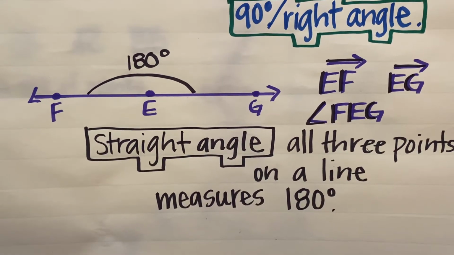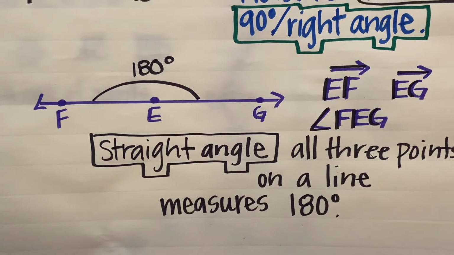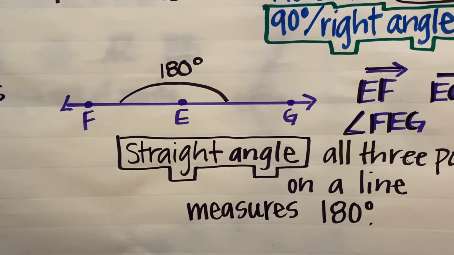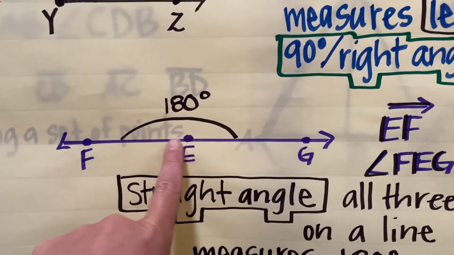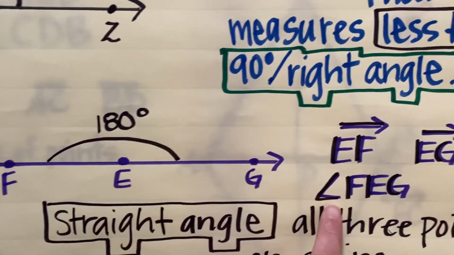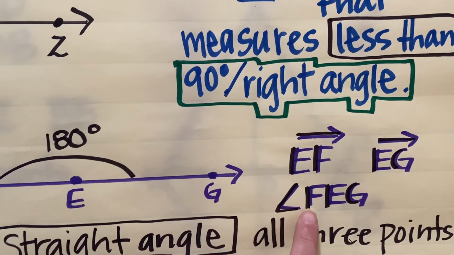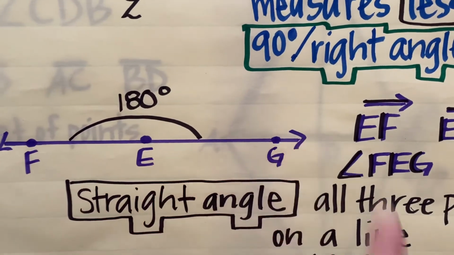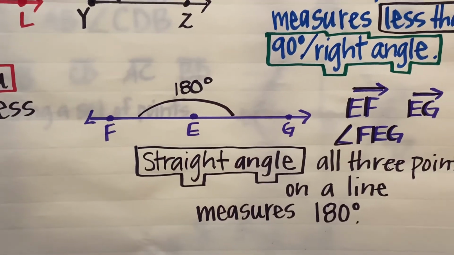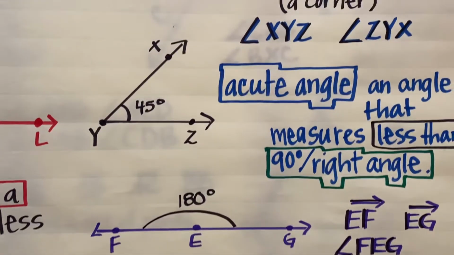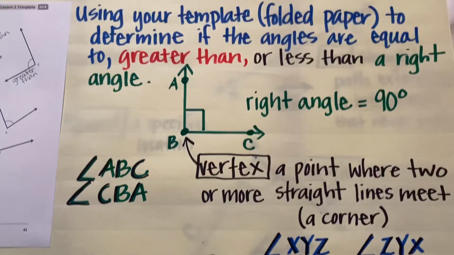A straight angle will have all 3 points on a line and measures exactly 180 degrees. Yes, we see there's a ray going from E to F and E to G, but we can also label it as an angle, angle FEG, equaling 180 degrees. When you get your protractor, you will see these angles as we measure them all.